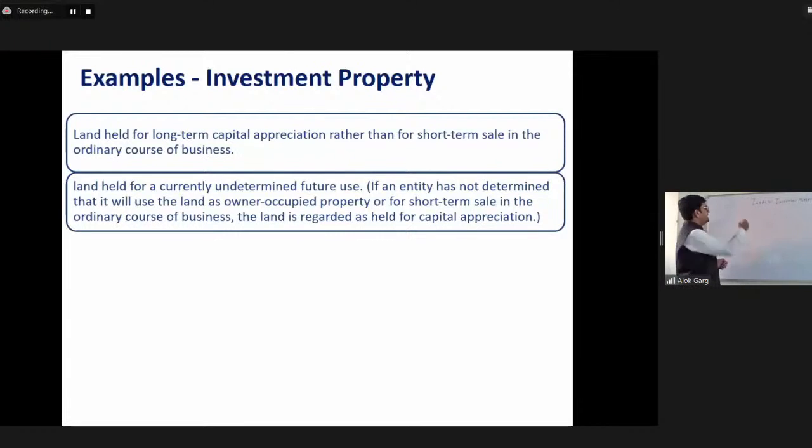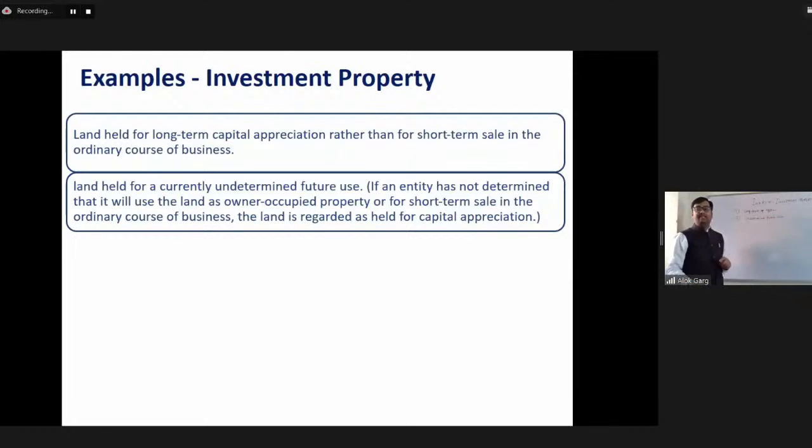So the first thing is land held for long-term capital appreciation purposes, not for sale in the ordinary course. What is the second example? The second example is land held for undetermined future use. They are not sure about the future use.